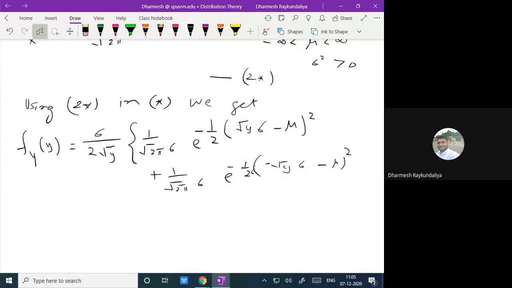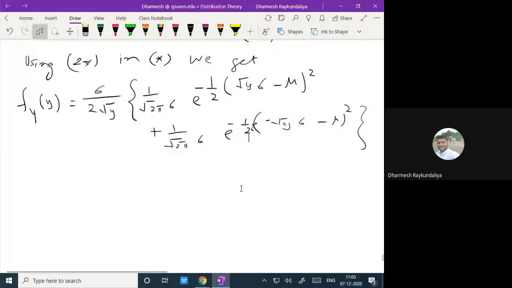Here it is sigma square. Okay, so I'll just take this outside, root 2 pi sigma. So sigma will be cancelled out. So what will I get? 2 root 2 y pi, because root y is there, root 2 pi inside, then sigma will be cancelled out.